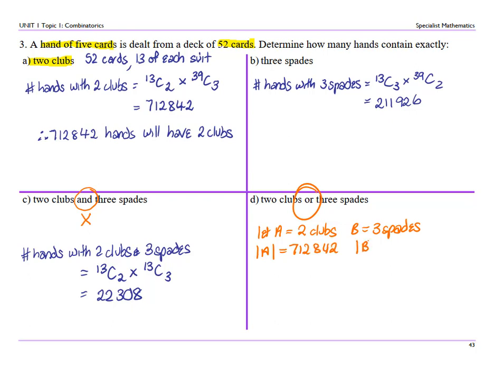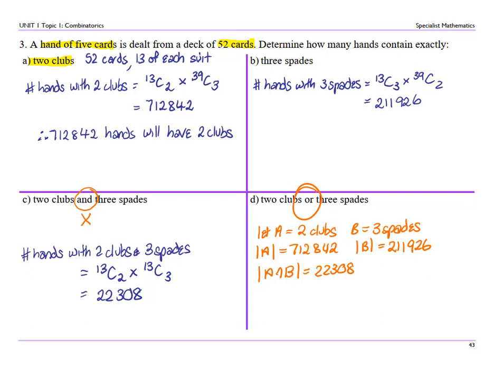We worked out in part B that the number with 3 spades is 211,926. And in part C, we worked out that A intersects B is 22,308.